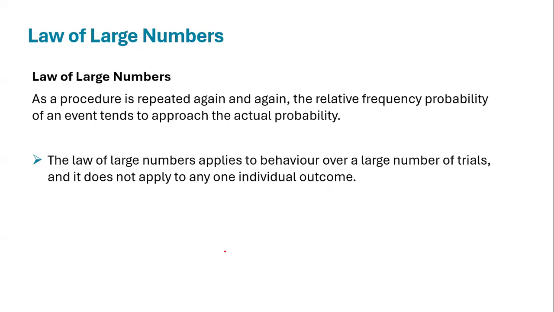And we usually use the empirical probability when we have an experiment which is repeating and repeating. The law of large numbers tells me that when repeating many times, the frequency probability of that event approaches the actual probability.